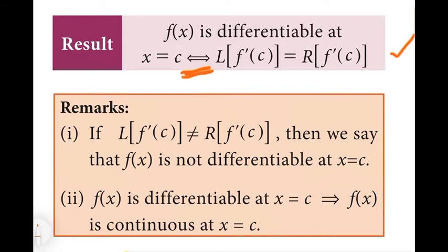This is the notation for if and only if. So if the left hand derivative and the right hand derivative are equal, then we can tell f of x is differentiable. If and only if condition means if f of x is differentiable, then the left hand derivative and right hand derivative are equal. Similarly, if they are equal, then f of x is differentiable. If and only if is given between two results, that means we get the results vice versa also.